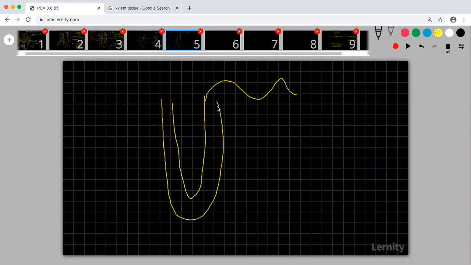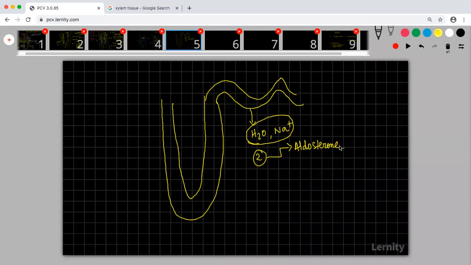You have the distal convoluted tubule. In the distal convoluted tubule, water is absorbed. Again, sodium is absorbed. Here, the absorption is dependent on two hormones. One, we call it aldosterone.